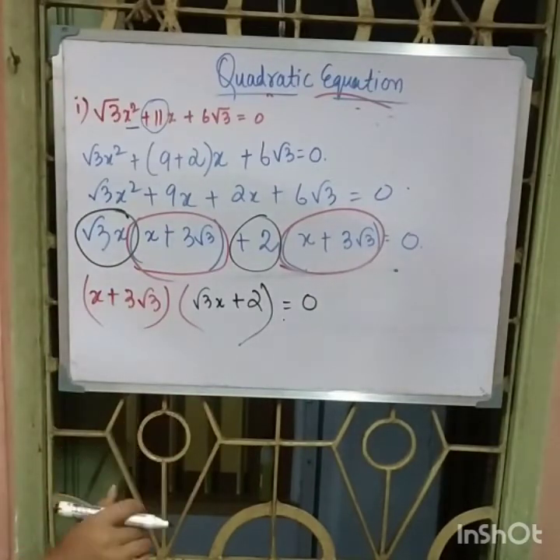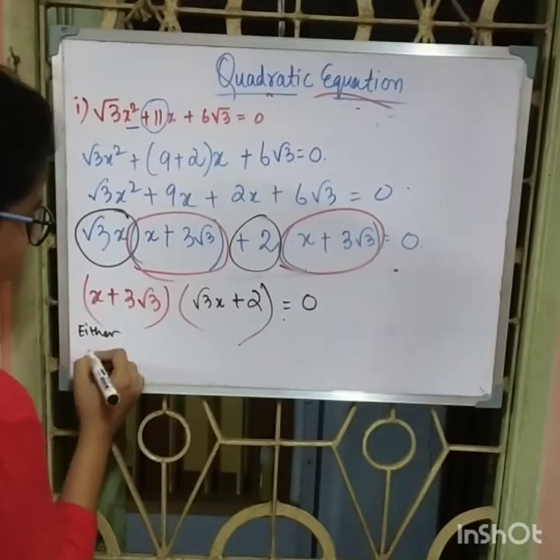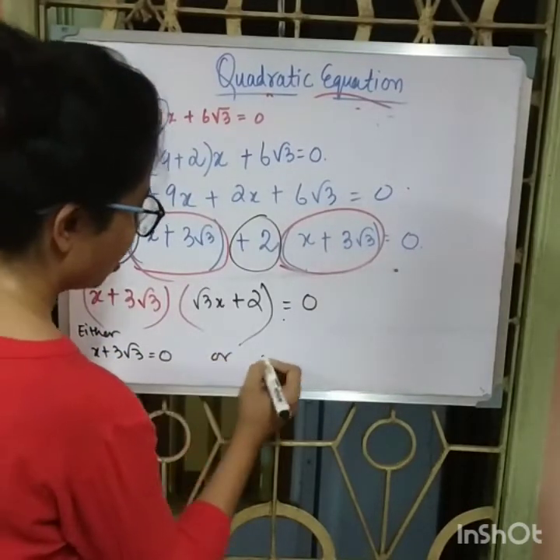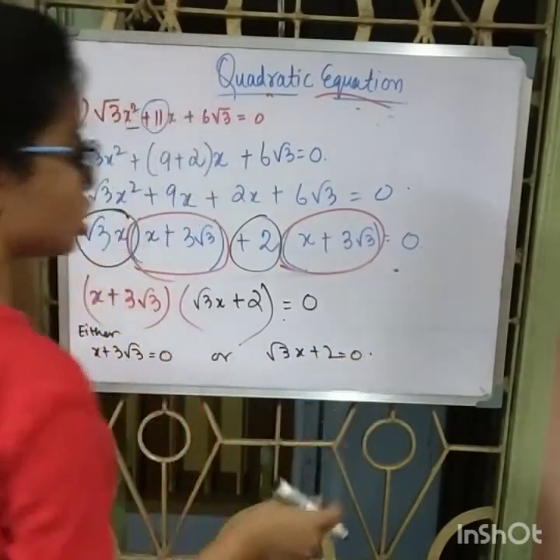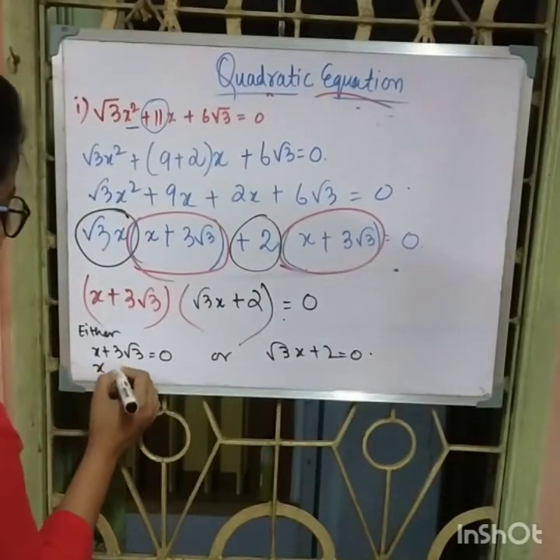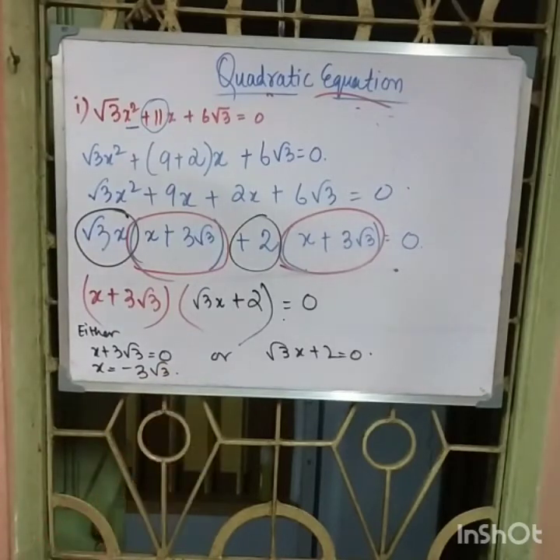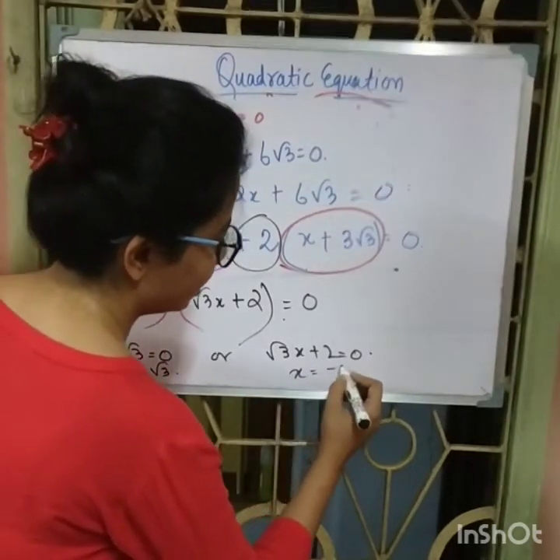Similarly, by the zero product rule, either x plus 3 root 3 is equal to 0 or root 3x plus 2 is equal to 0. Solving these linear equations, you will get the solutions. From here you will get x equal to minus 3 root 3.